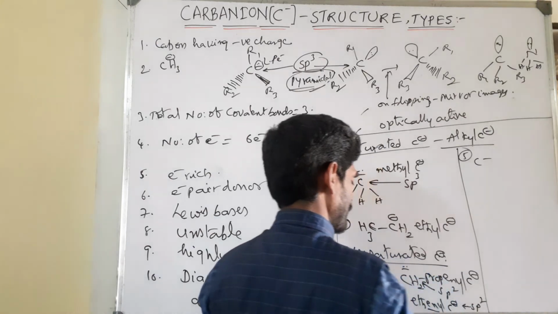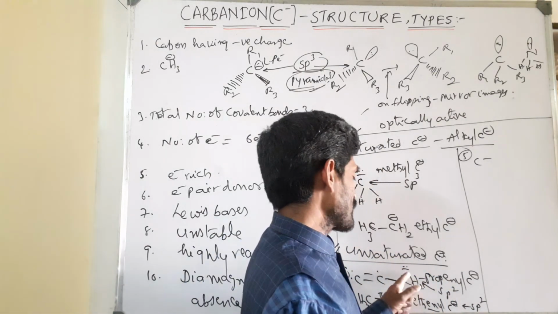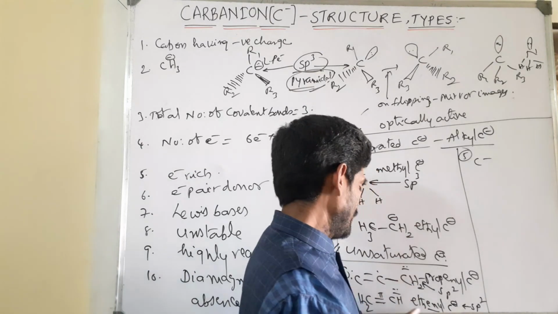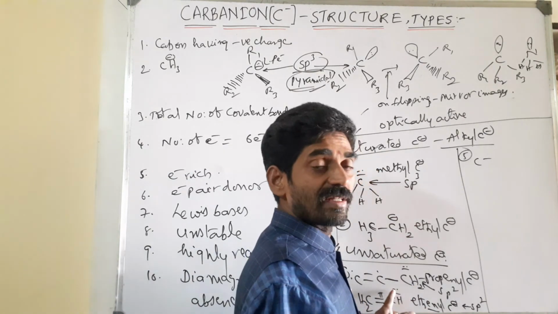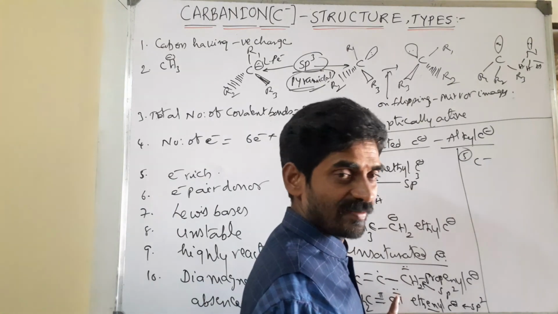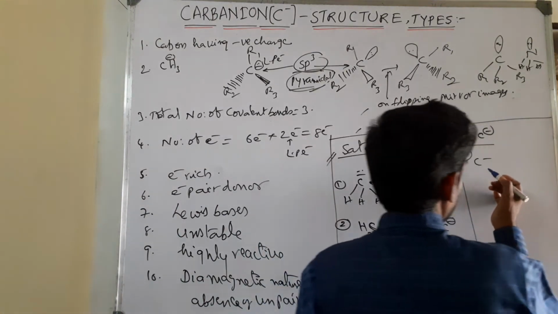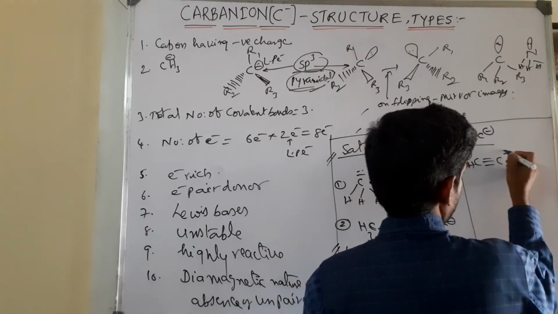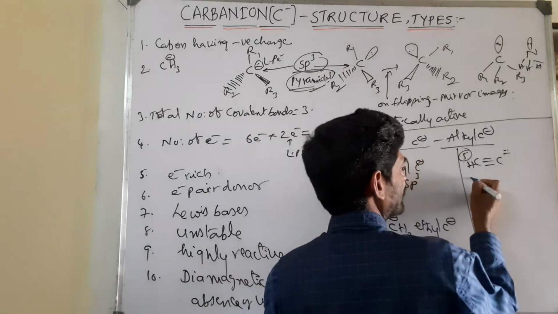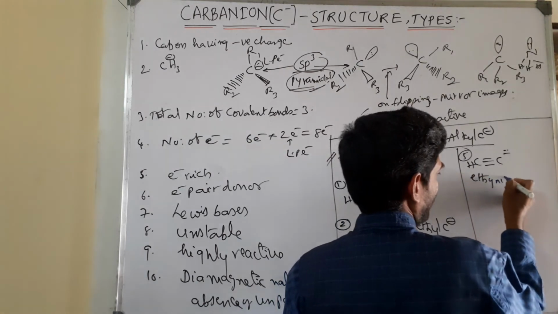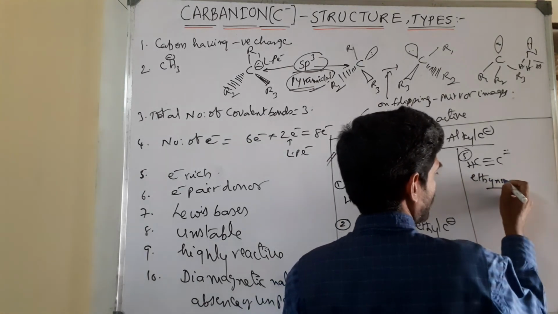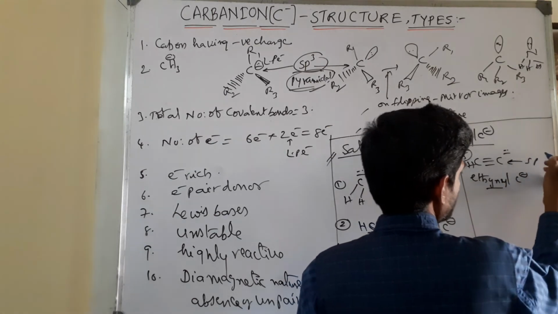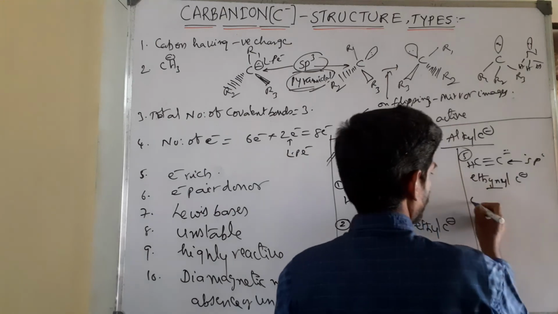One time they frame the question: in propenyl carbanion the lone pair is present on the pure p orbital, but in ethenyl carbanion the lone pair is present on the sp2 hybrid orbital. Take care, right. And here is an alkynyl: CH triple bond C minus. This is ethynyl carbanion, where the carbon undergoes sp hybridization, an sp hybridized carbon, right.